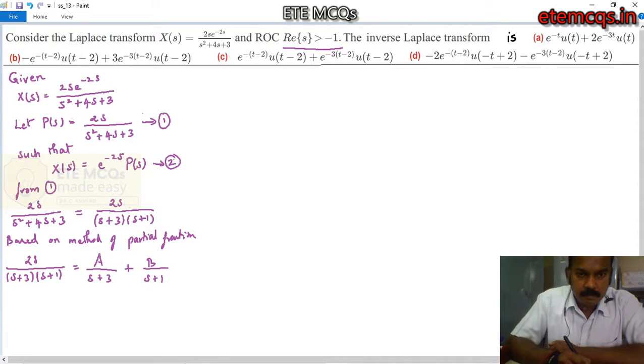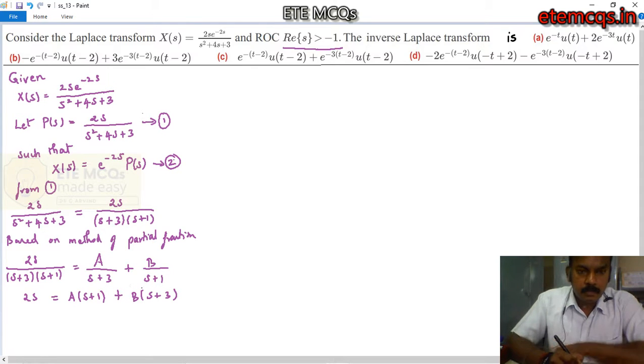Cross multiplying by taking the LCM, the denominator gets cancelled out. Finally we will be left with 2s equal to A into (s plus 1) plus B into (s plus 3).